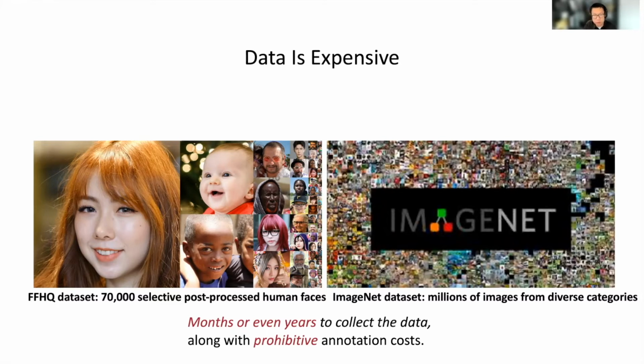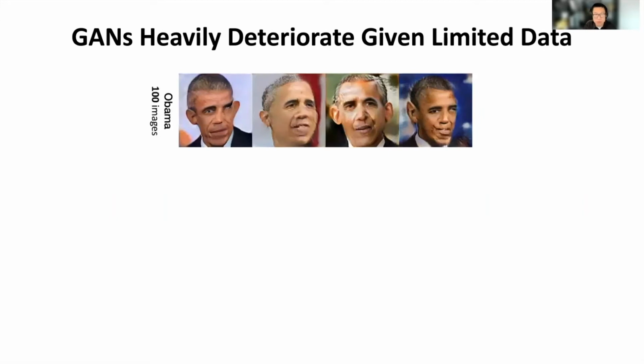You may ask, why not just use less data, like 1,000 or maybe 100 instead of 70,000? The issue is if you train a GAN model on 100 photos like Obama, it just doesn't work.